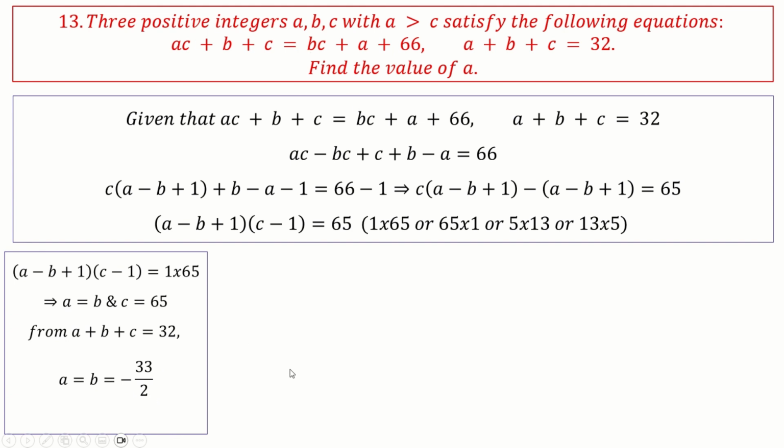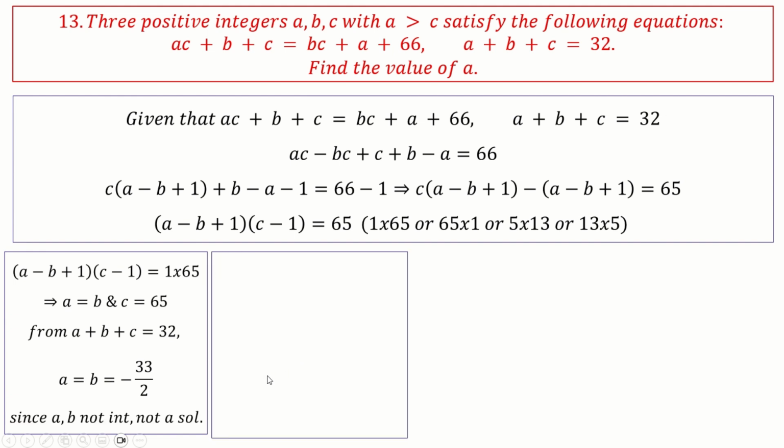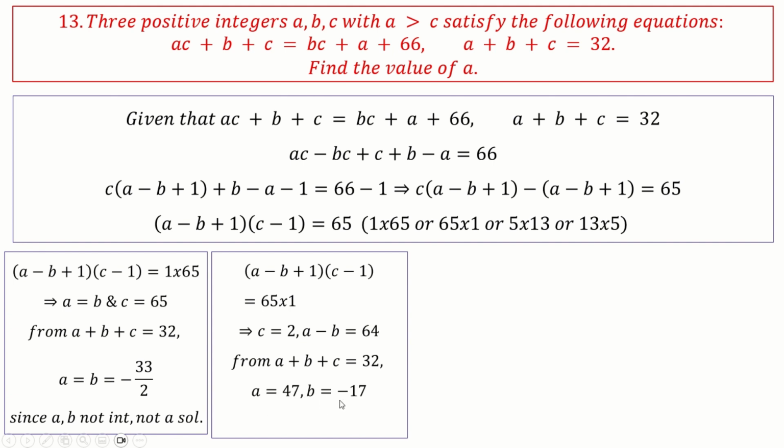So case 1 is ruled out. Case 2. A minus B plus 1 into C minus 1 equals 65 into 1. In this case, if you solve it, C equals 2 and A minus B equals 64. From this one, what we will get is A equals 47, B is minus 17. Again a negative value, but B is a positive integer, which is given. So this case is also ruled out.